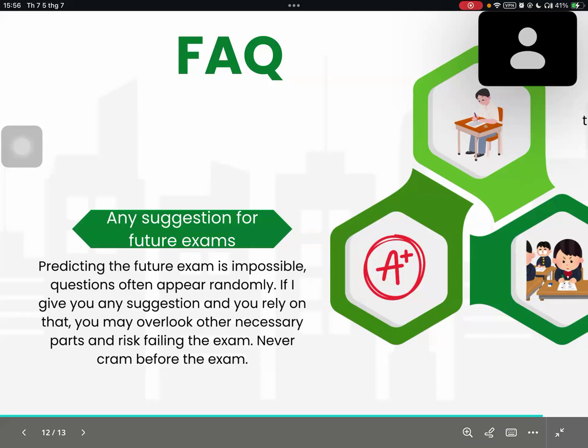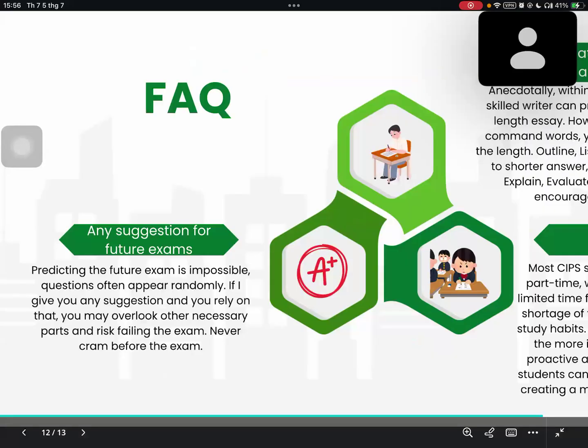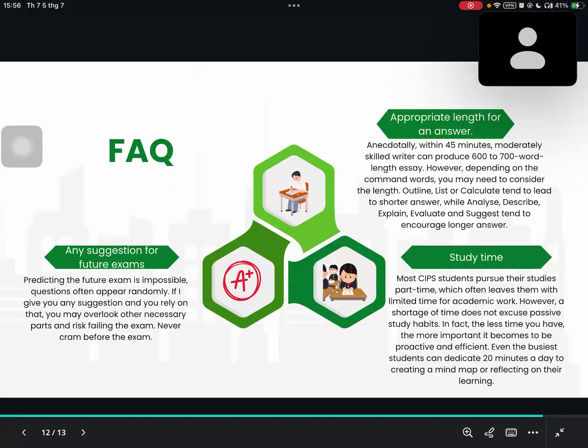And if the question doesn't appear as you expect, then you miss other parts, and that is very dangerous. You may risk failing a question or even failing an exam. So you need to study comprehensively and don't overlook any topic, right? So don't hope for any miracle, but study every possible topic.